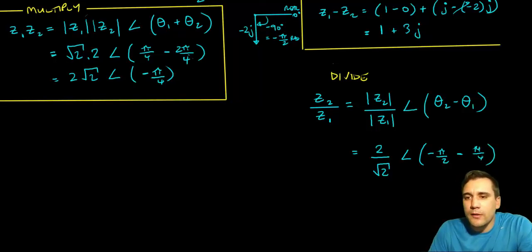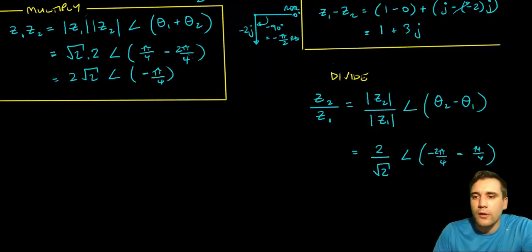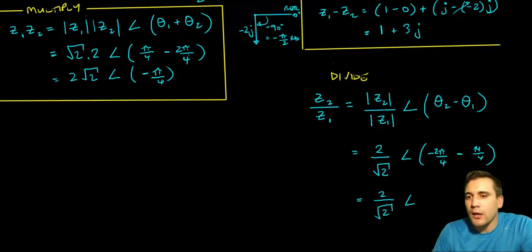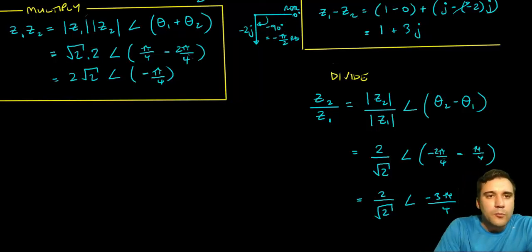And remember, we did this before where we said, oh, that's the same thing as negative 2 pi on 4, just so that they've got the same denominator, makes it a bit easier for us. So we've got negative 2 of something minus 1 of something, so we're going to end up with negative 3 of that something. So this is going to be 2 over root 2 at an angle of negative 3 pi on 4. And that's the answer. So that's pretty cool.